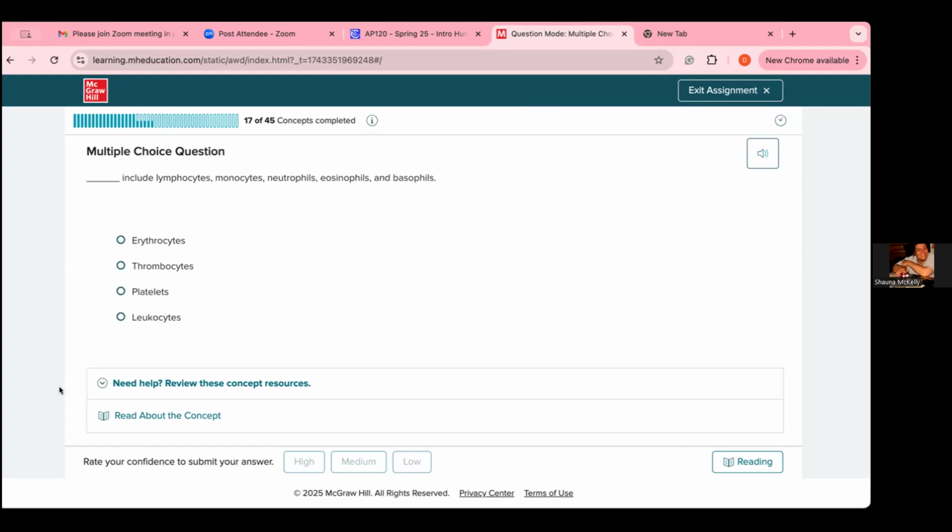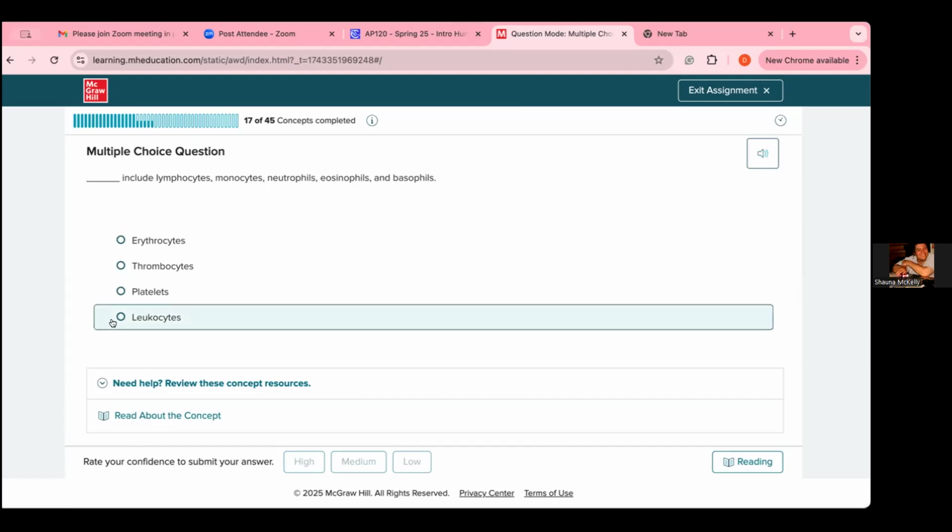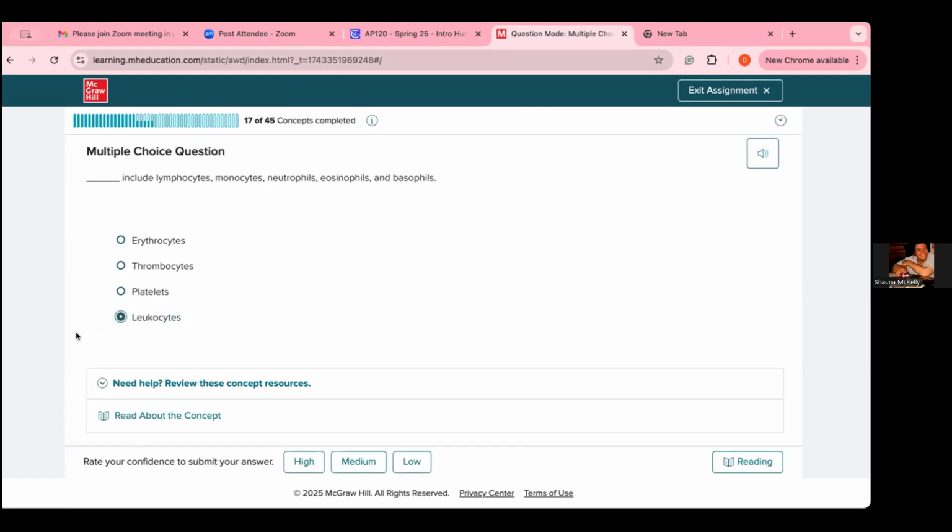They're all leukocytes because that's what we've been looking at. So they're all types of white blood cells that form part of the immune defense.